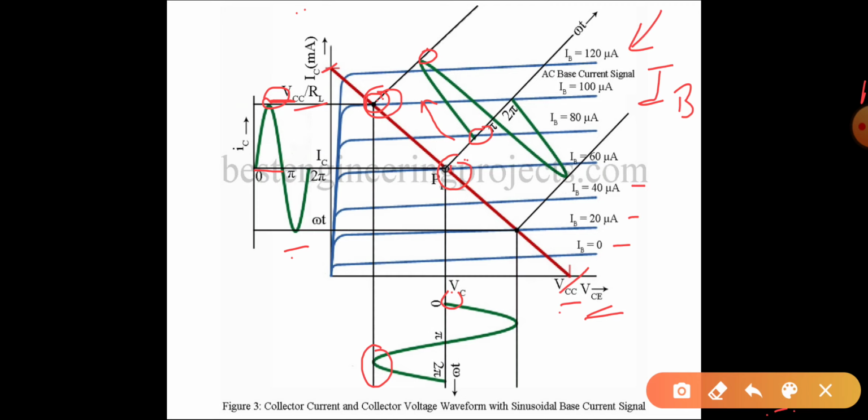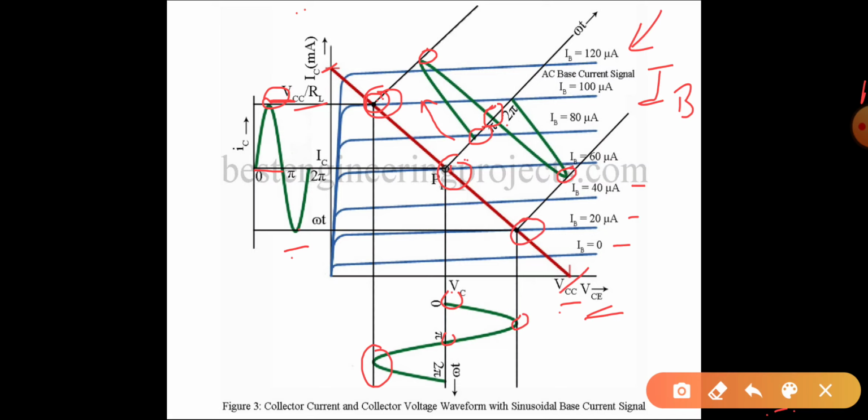Again, when the base current decreases and comes to 0, again the output voltage will be 0. And when base current decreases, see here, the Q point will shift to this point and collector current will reduce, increasing the output voltage.